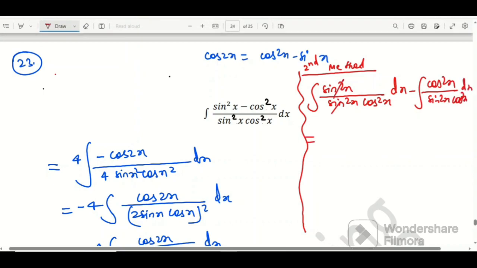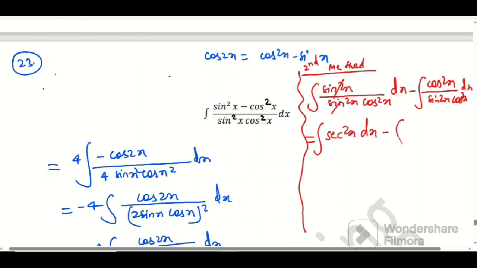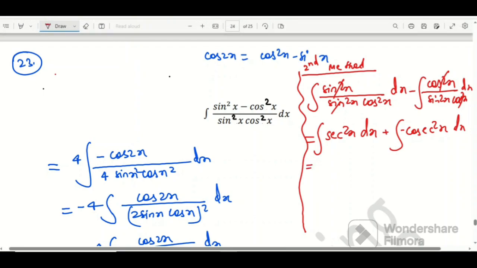We could have cancelled them easily because in the denominator also the squares of sin and cos are there. So we can cancel these two terms. We'll get sec square x dx minus, cos got cancelled, so it will be cosec square x dx. I can write plus here, taking minus inside. So the integration of sec square x will be tan x, and the differentiation of cot x is minus cosec square x, so the integration of minus cosec square x will be cot x. So this was our answer. This is so easy by this method.